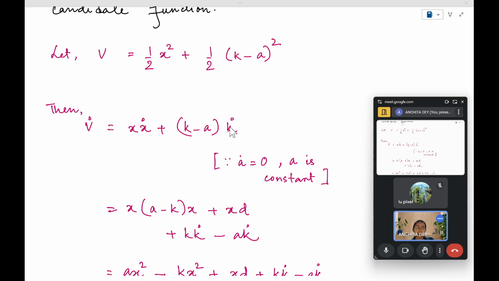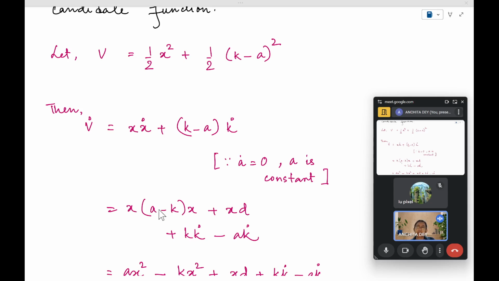And here this minus a dot term is becoming 0 because we assume that a is a constant. Since nothing was mentioned in the question about whether it was time varying or not, you can assume it to be constant. With this condition, we'll just be replacing the dynamics, whichever was given to us.